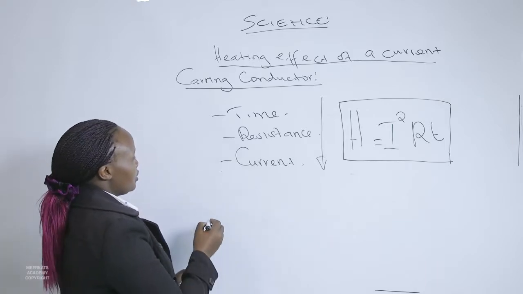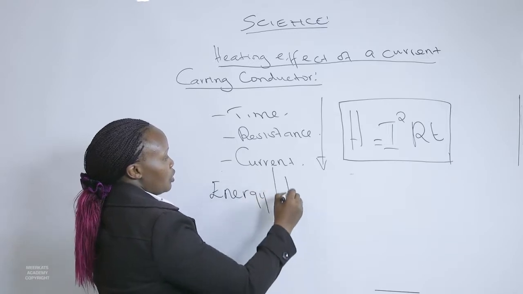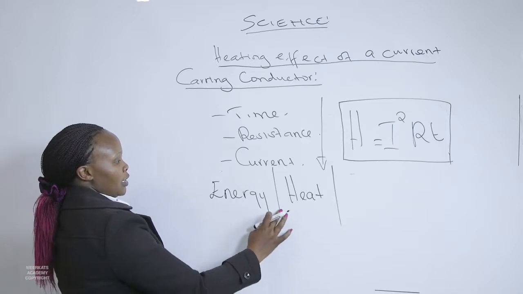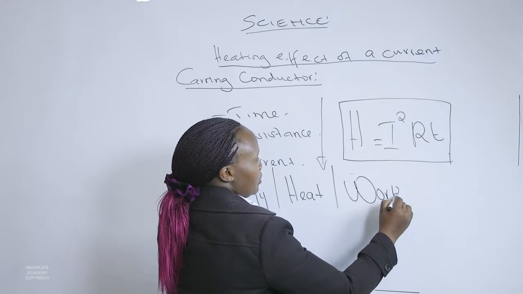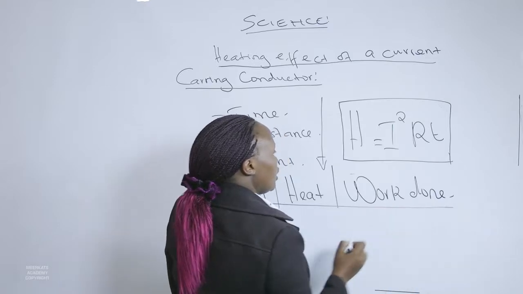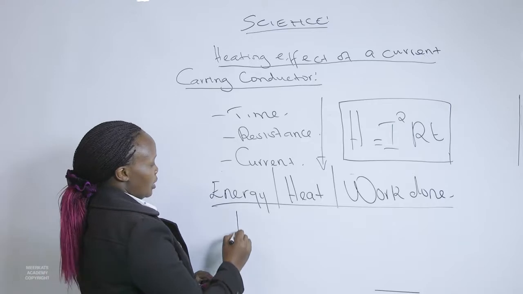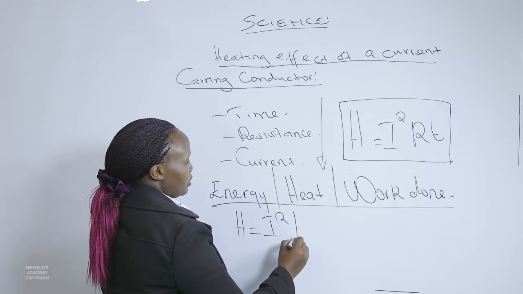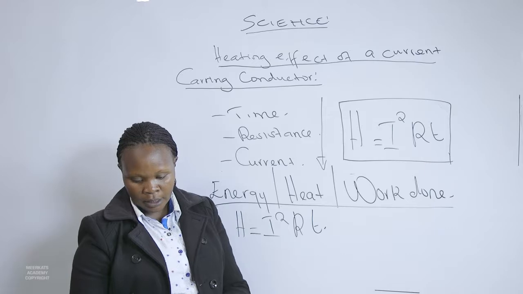Now, we start by looking at energy, which we are also going to refer to as heat, or we can also call it the work done. And this is what we looked at as being equal to current squared multiplied by resistance and time.